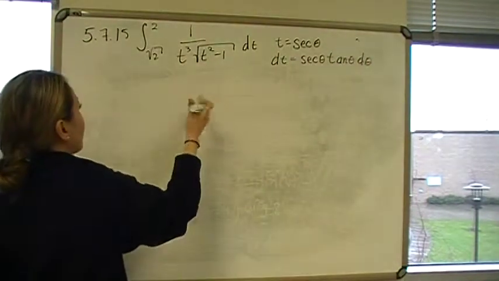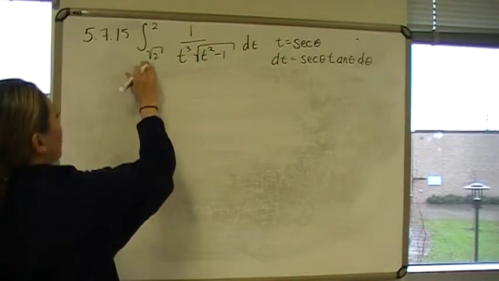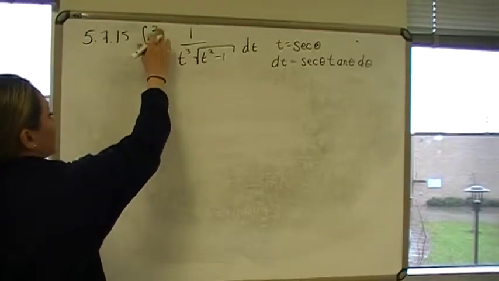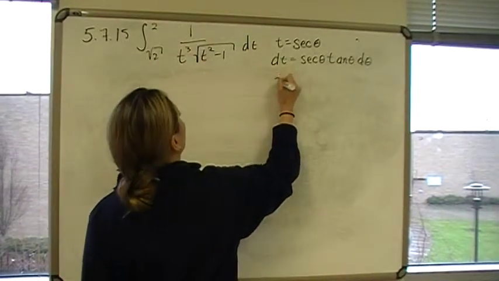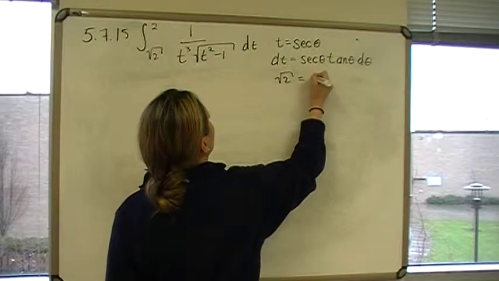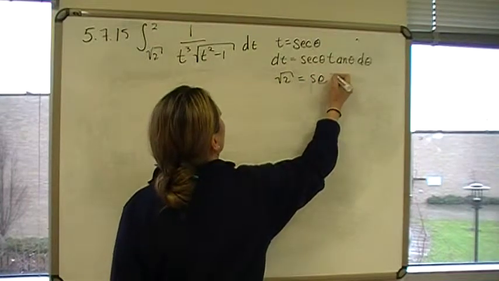So we're going to rewrite this in terms of the new variable, and before we rewrite, we have to redefine the limits of integration. So the lower limit will be root 2 equal to secant theta.